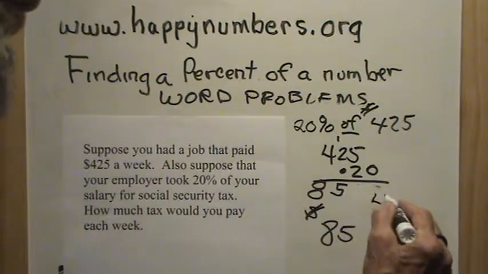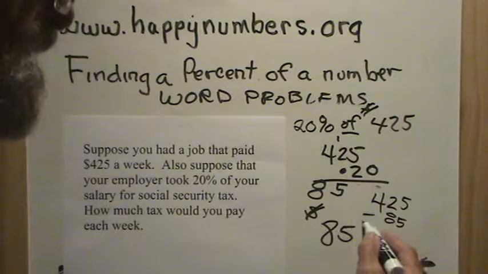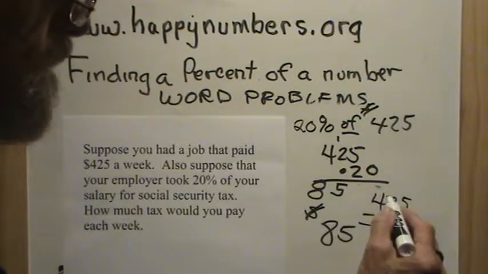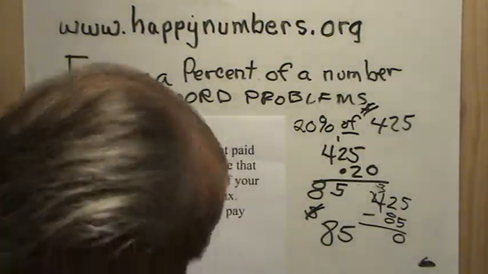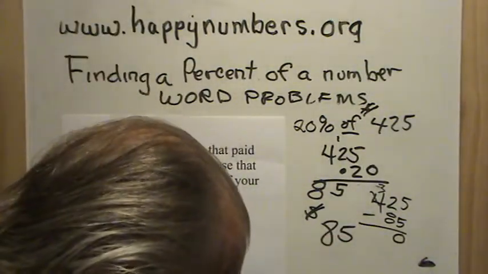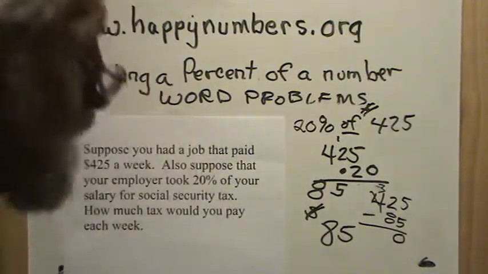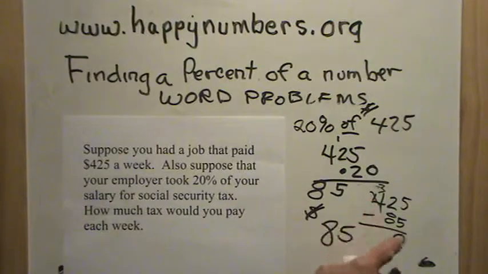So actually, if I make $425 and they take away $85 for tax, okay, my time is up here. I'm sorry, let me just put that on. Okay, let's just finish this.